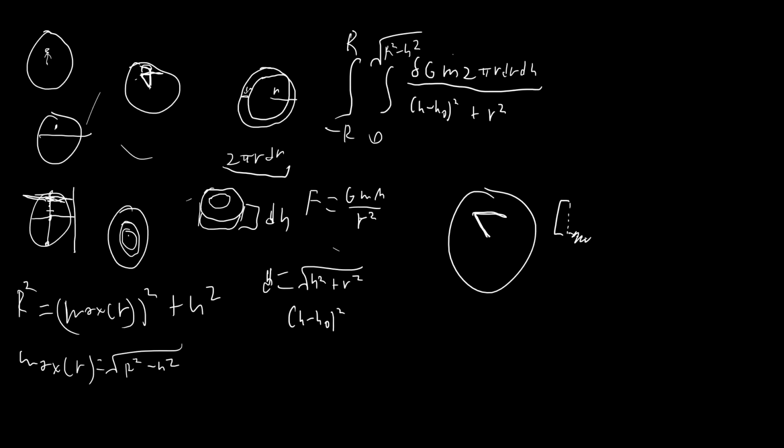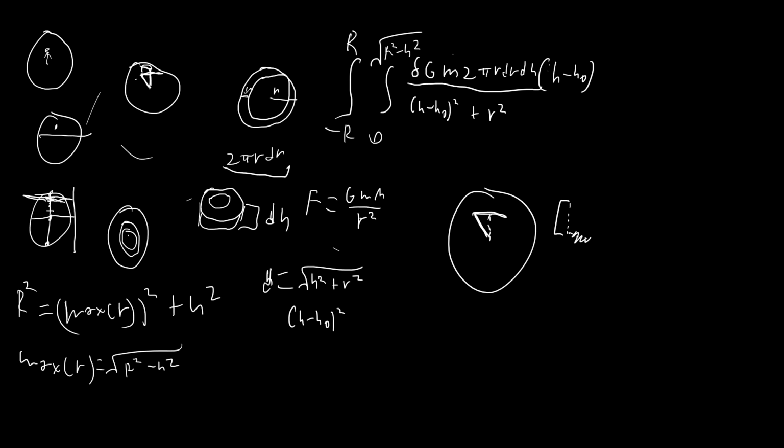And so what we need to do is multiply by this length and divide by the total distance, because it's kind of like multiplying by the sine of the angle, except in this case we don't have the angle. So we're going to end up kind of only taking out the part that's exerting in a vertical manner, which is this component of the force, which is what we want. So we're going to multiply by that distance, which is just h minus h0. Now you could also argue it's h0 minus h, but that's just going to change the sign of our whole thing.